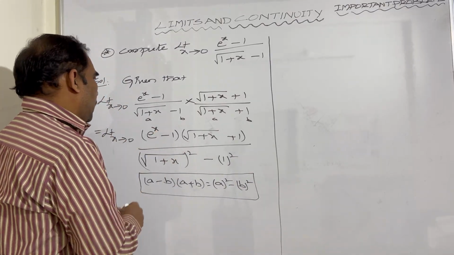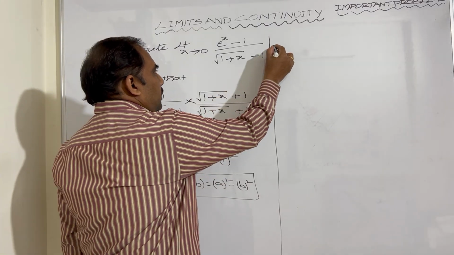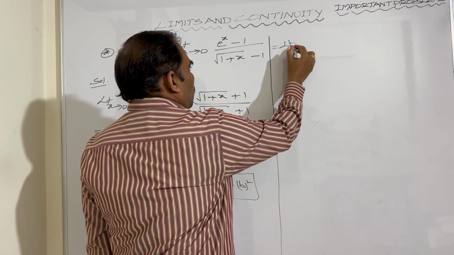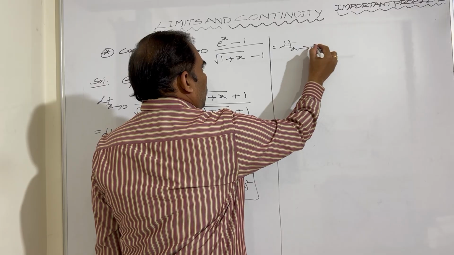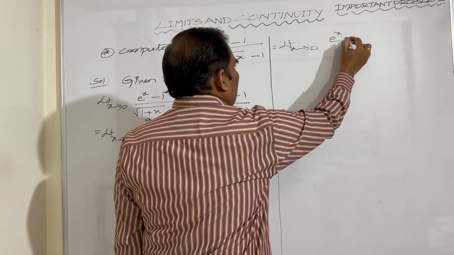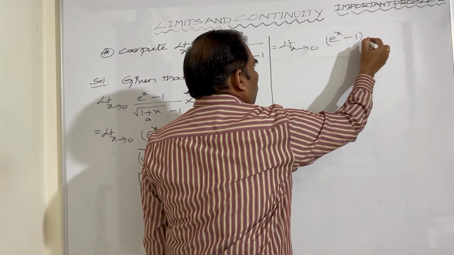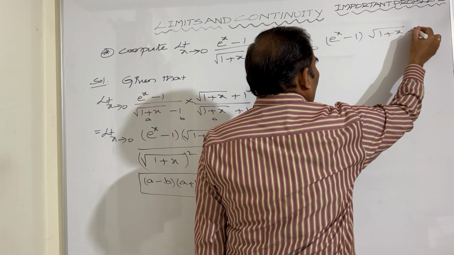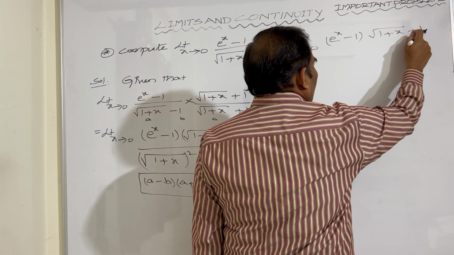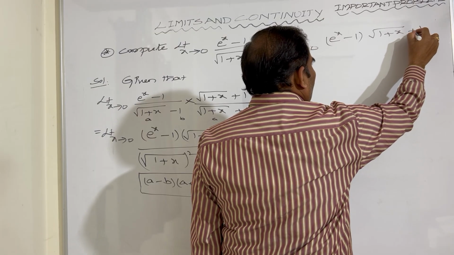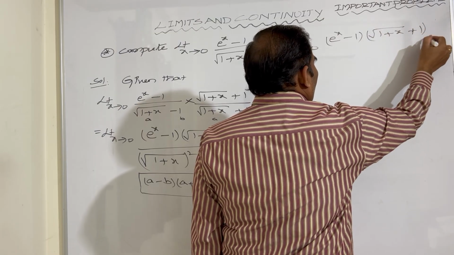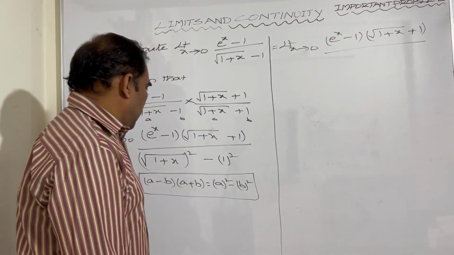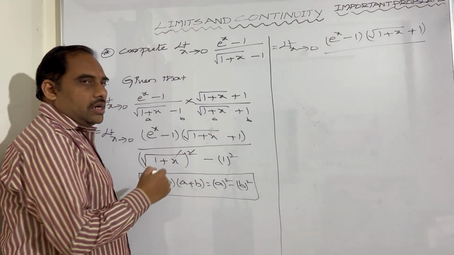So now what happens here? Limit as x tends to 0. Numerator is (e^x − 1) into (√(1 + x) + 1), whole divided by. So here the square and root get cancelled.